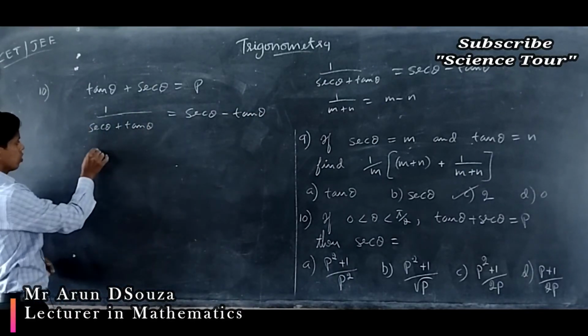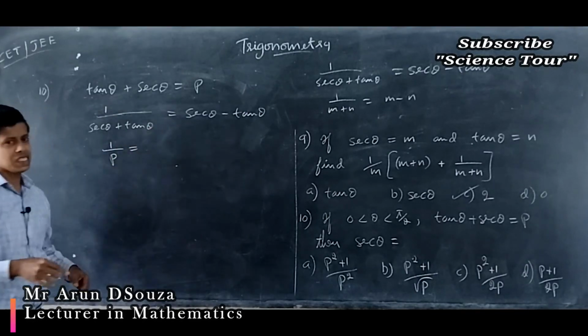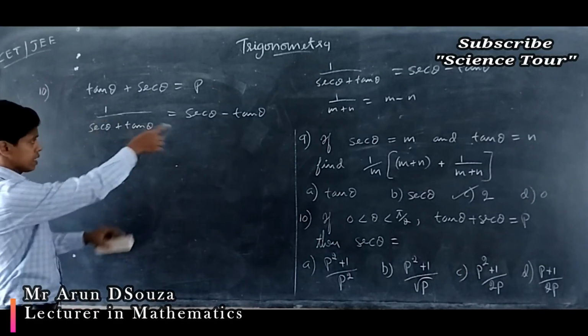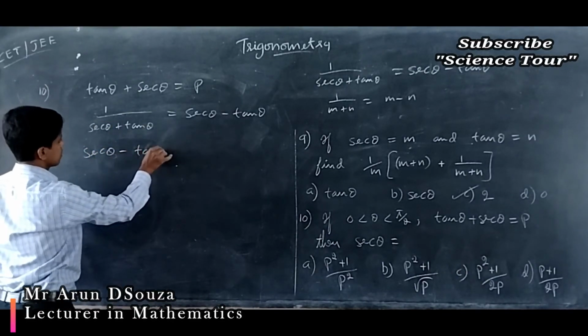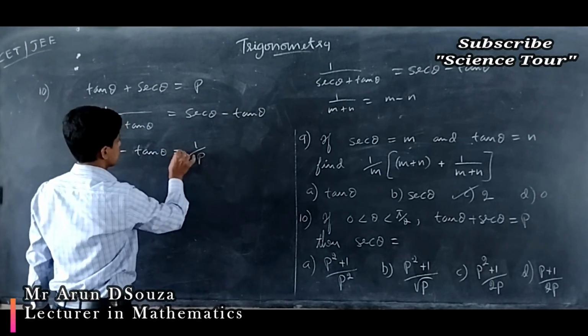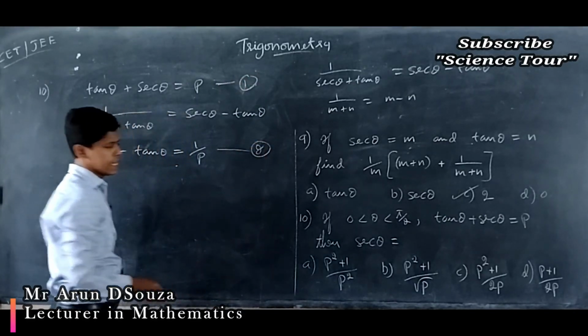So therefore 1 by p is equal to sec theta minus tan theta. So in other words, I can just write that first. So therefore what is sec theta minus tan theta? 1 by p. So you have got the first equation and this is your second equation.